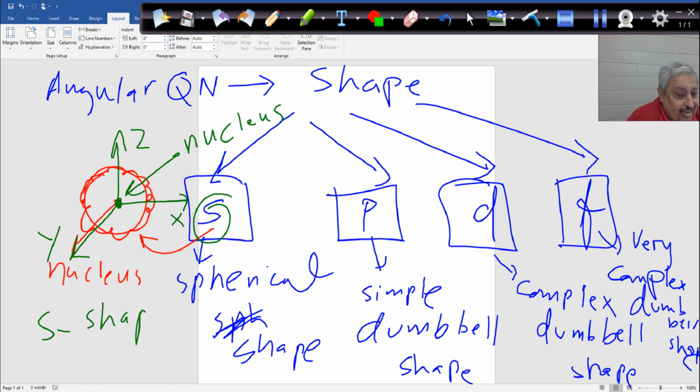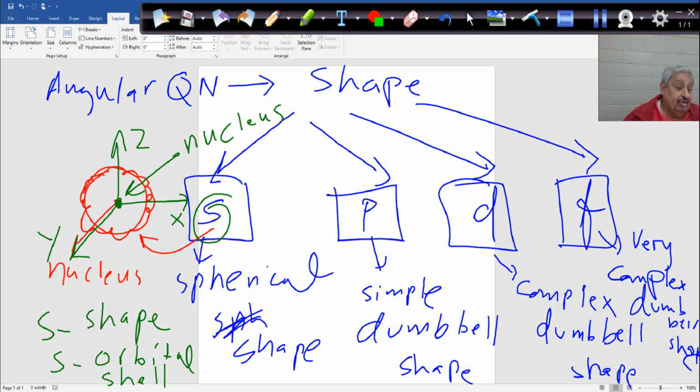Now we just upgrade this S shape into what? S orbital, or sometimes we say S shell. We exchange those, but there is a distinction between orbital and shell, correct?